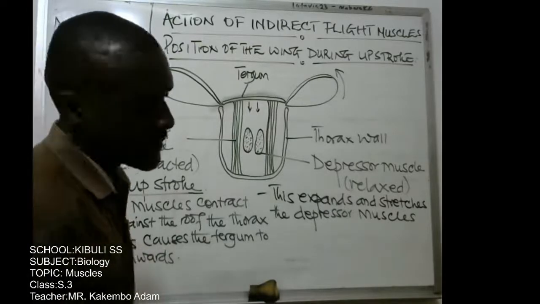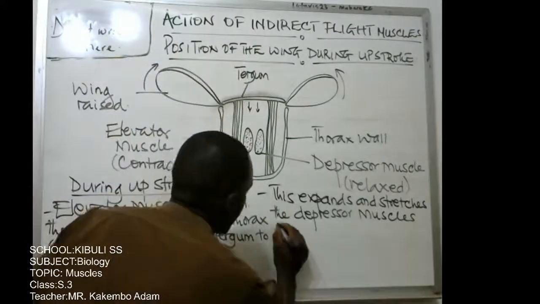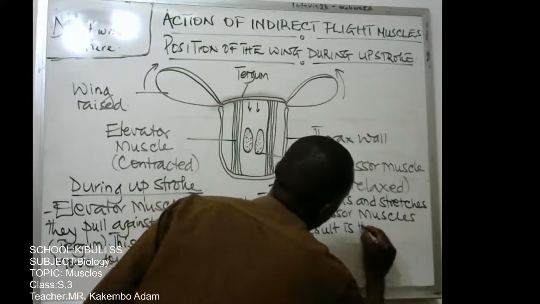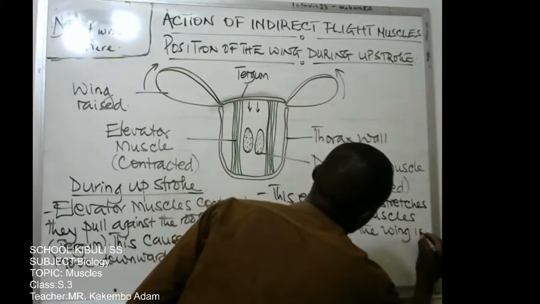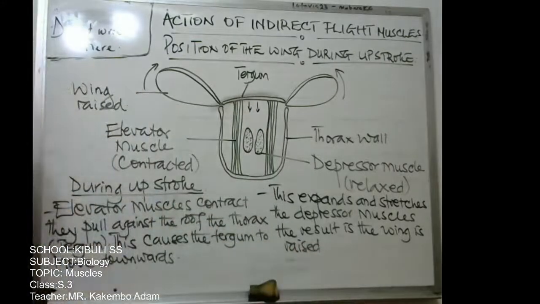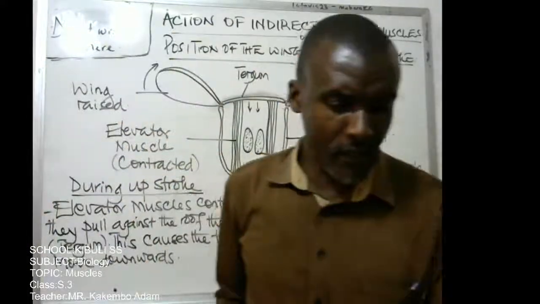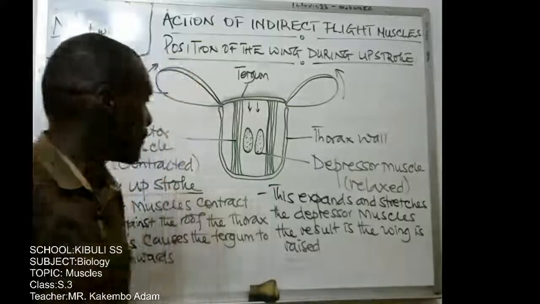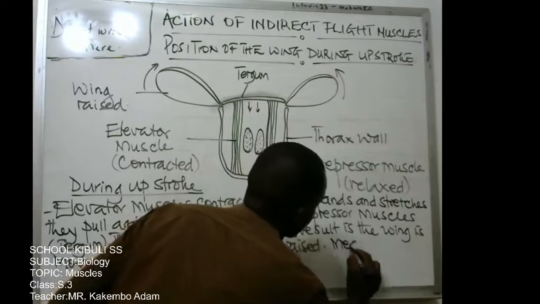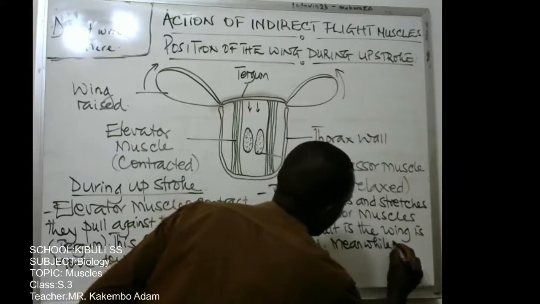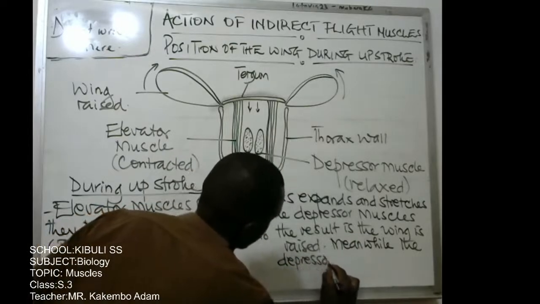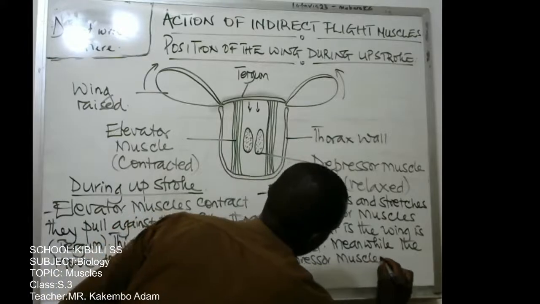And the result is the wing is raised. Meanwhile, the depressor muscles relax.